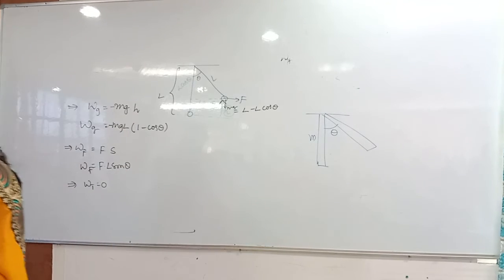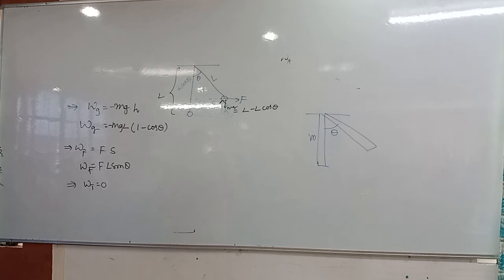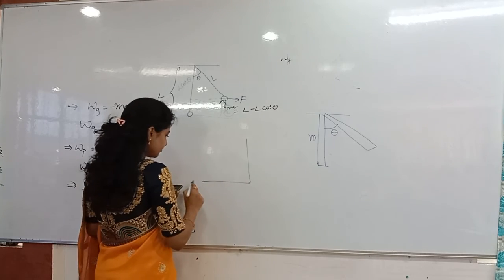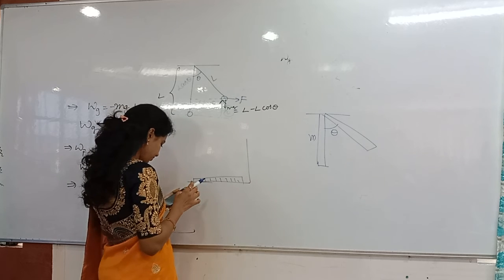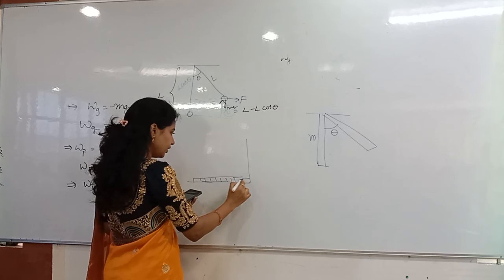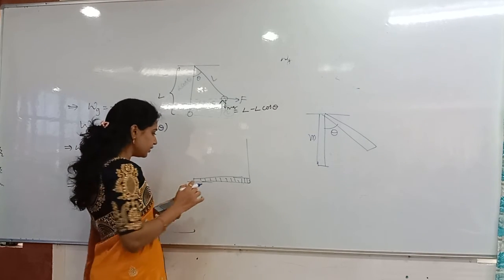One more problem. Write one more problem. Find the work done by the gravity for a ladder of mass m and length L resting on a level floor, is lifted and held against the wall at an angle theta with the floor.